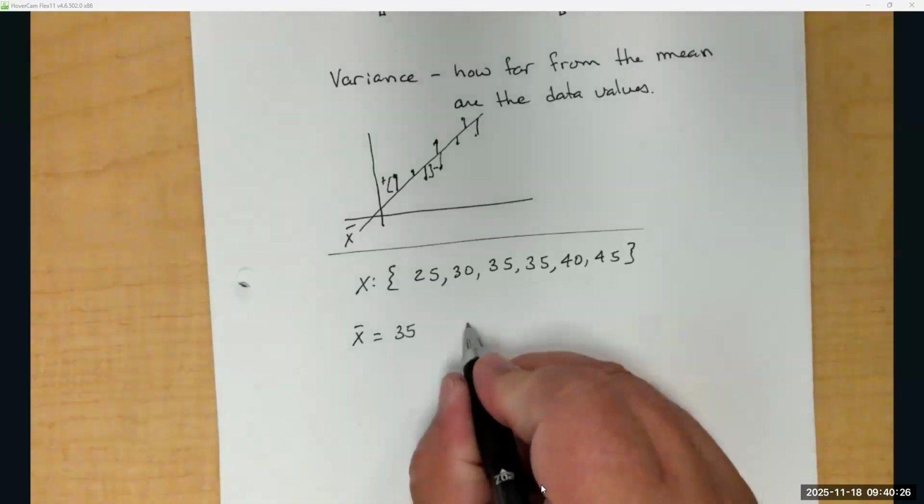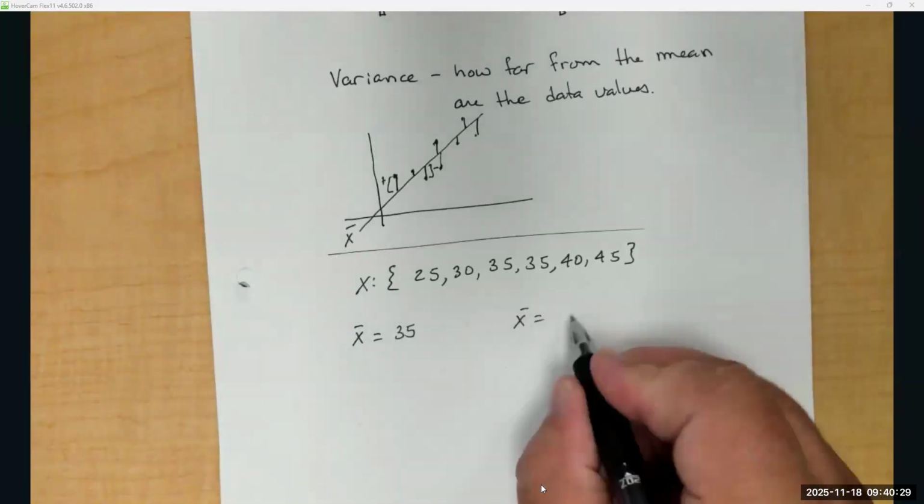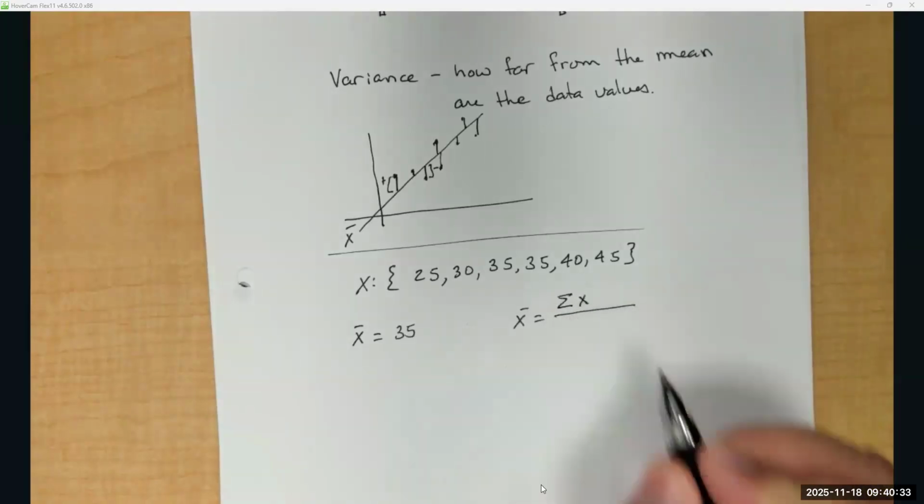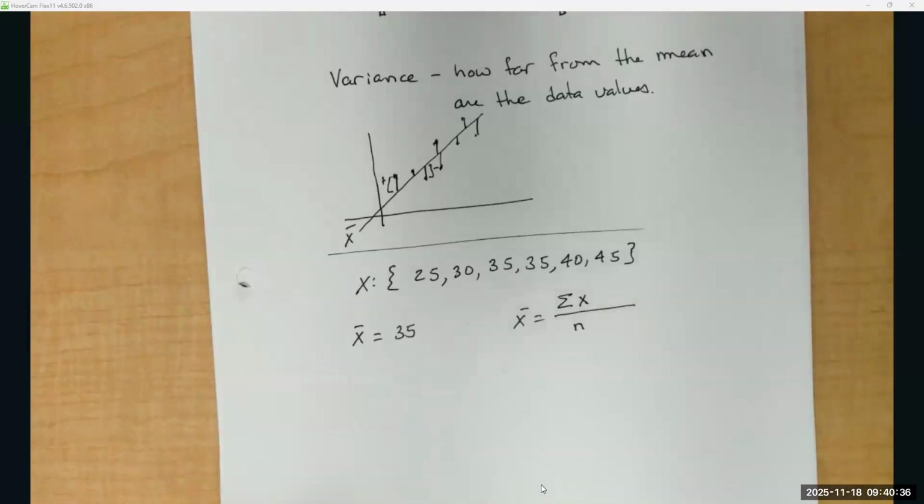So how do we find that? The formula for the mean was: add up all your data and divide by how many you have.